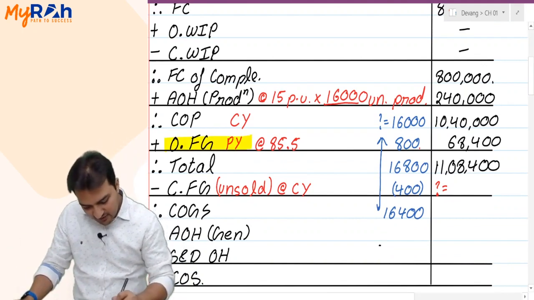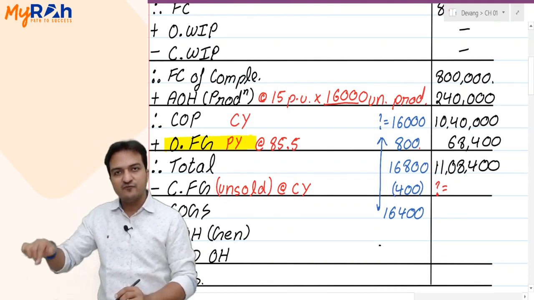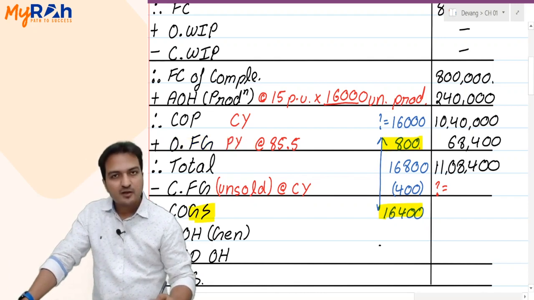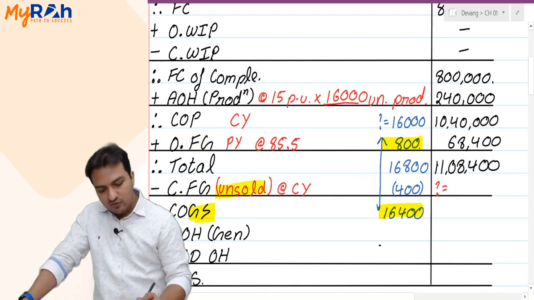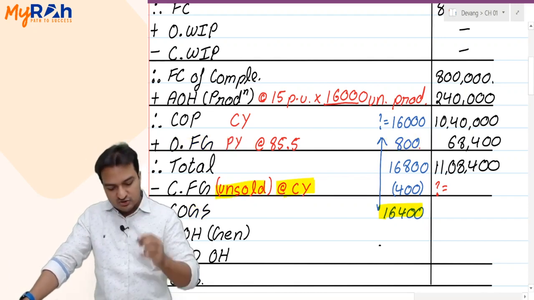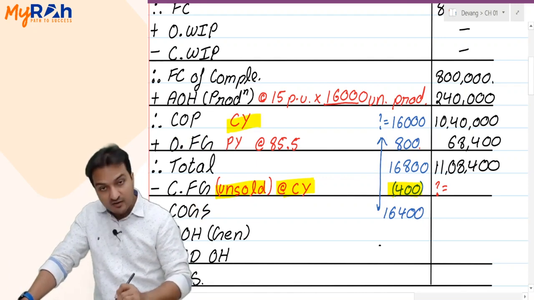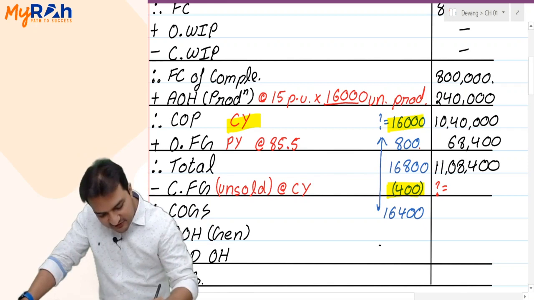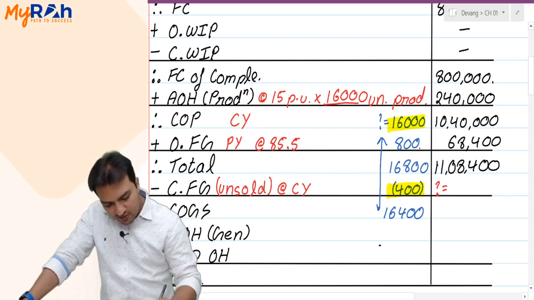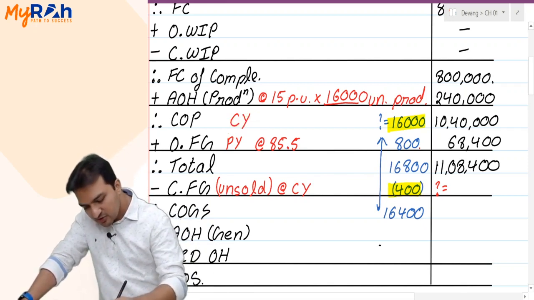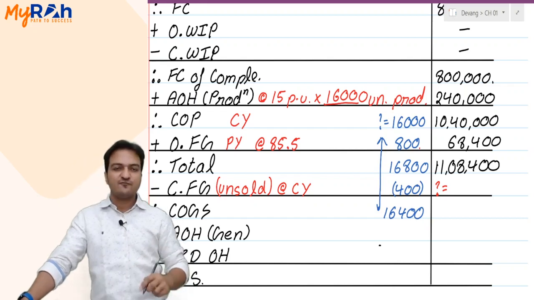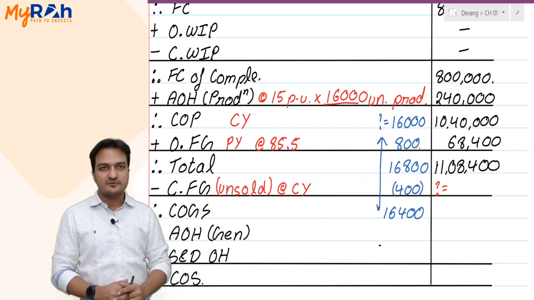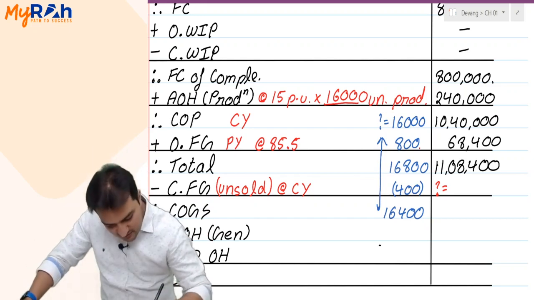So opening FG units, which were from previous year, are sold first. So what remains unsold will definitely be units of the current year. So if these 400 are from the current year, meaning this 400 is out of this 16,000, then the valuation of that 400 will be done based on the valuation of that 16,000. Cross multiply.